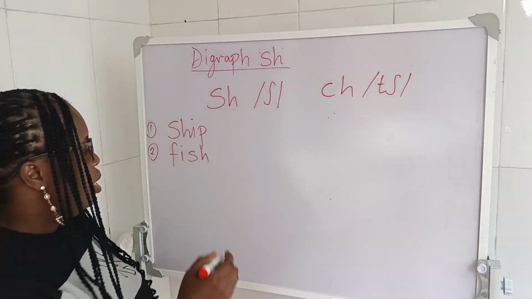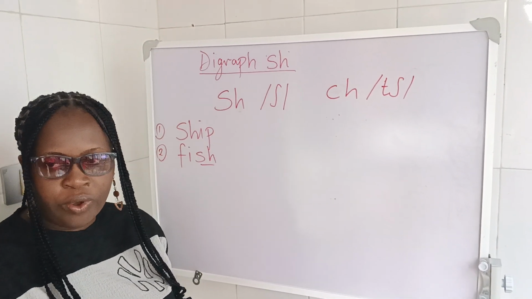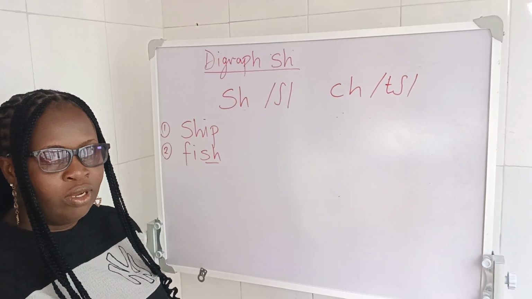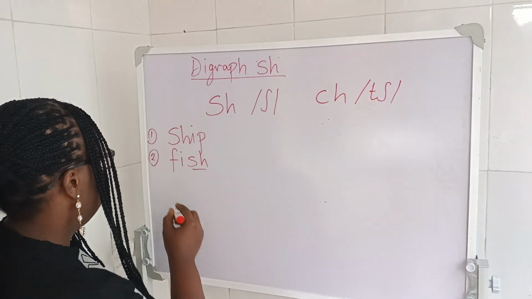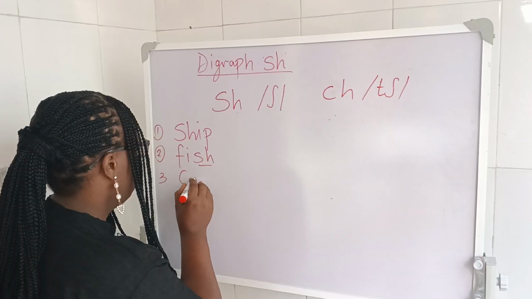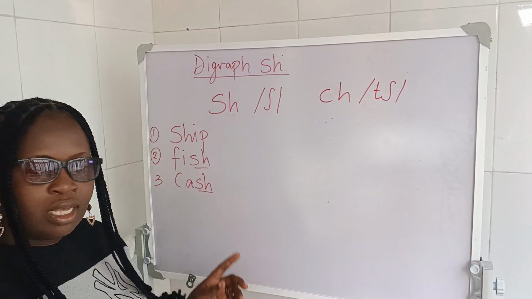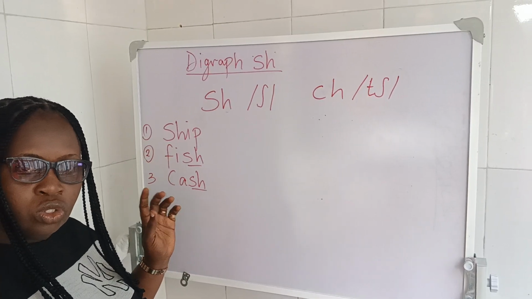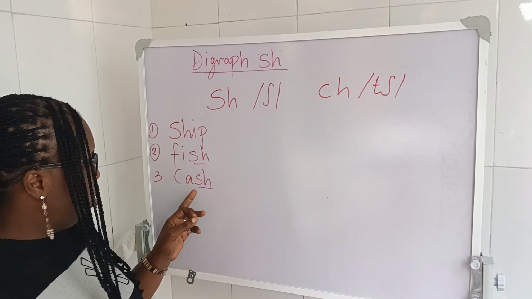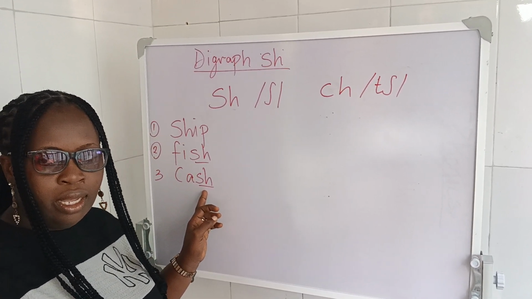The sh is at where? At the end. We have cash. That sound, remember, is a consonant sound, so it's just an easy peasy thing. The sound is at the end.